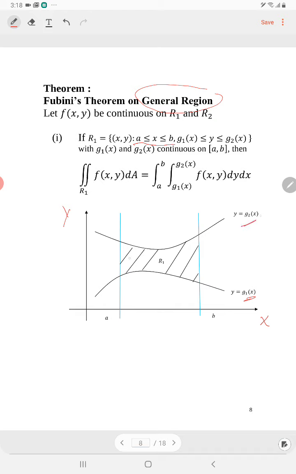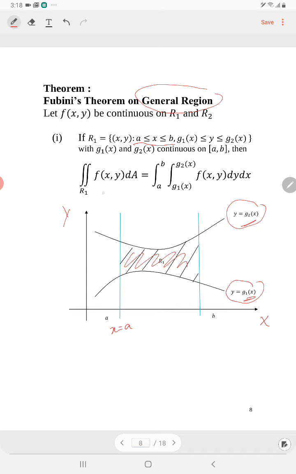So our region R is bounded by four boundaries. On the left, we have x equals A. On the right, we have x equals B. On top, we have y equals g2(x), a function of x. And at the bottom, we have y equals g1(x), another function of x.